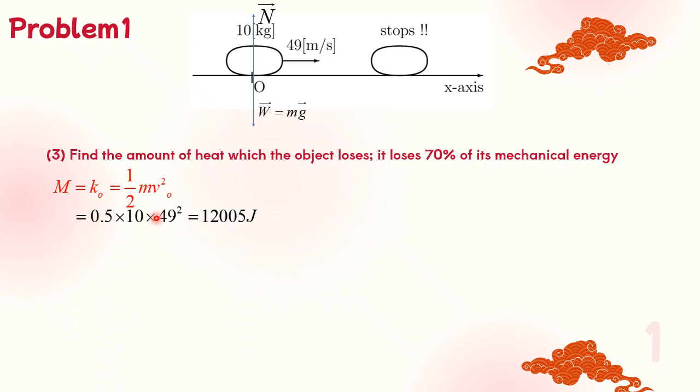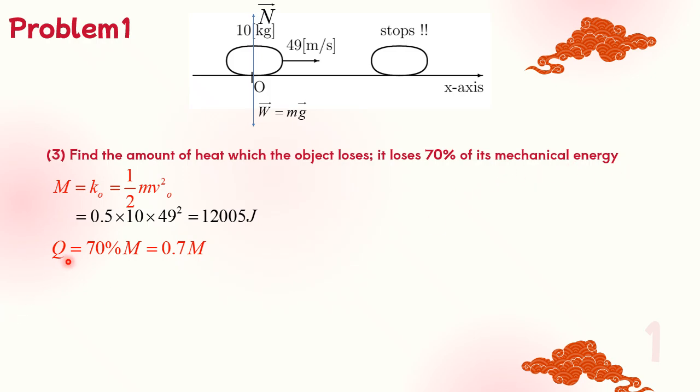So we plug in the information here, and we have 12,005 joules. This is the initial kinetic energy that we have here. The amount of heat lost is 70% of the mechanical energy.